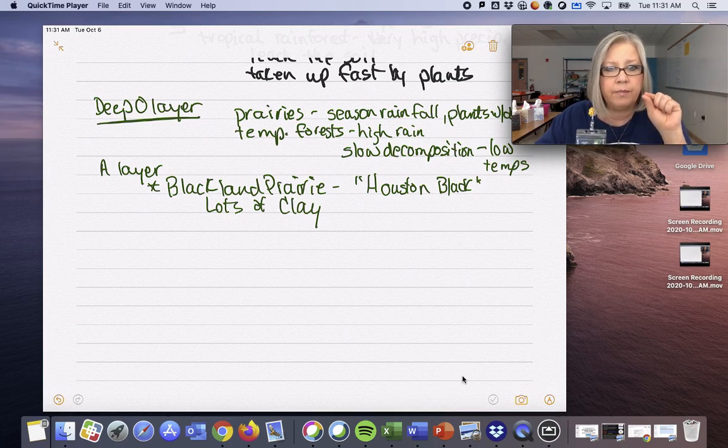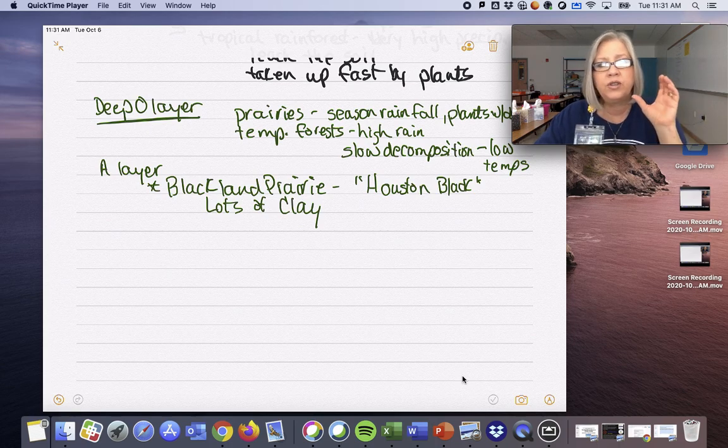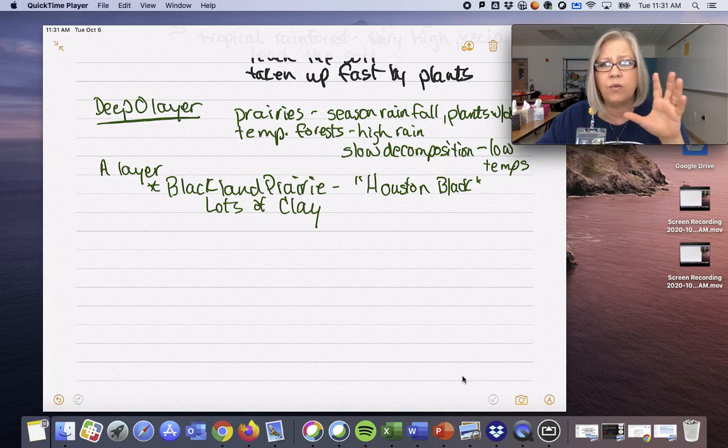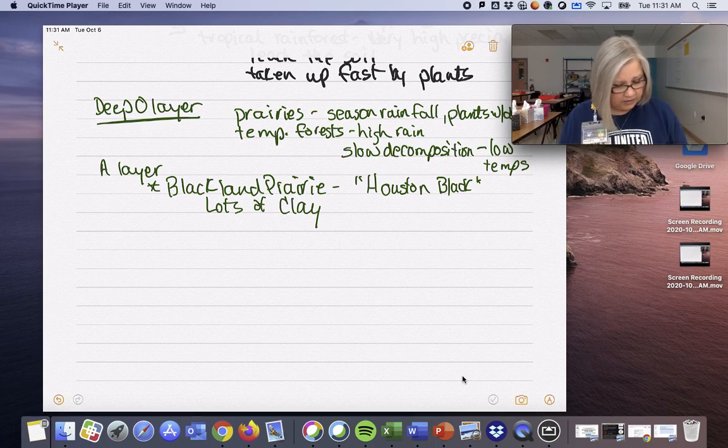Believe it or not, the Blackland Prairie is one of the most endangered ecosystems in the entire world. There's not a lot of it present, and so anything that we've done to it, we have just overworked it and overworked it.